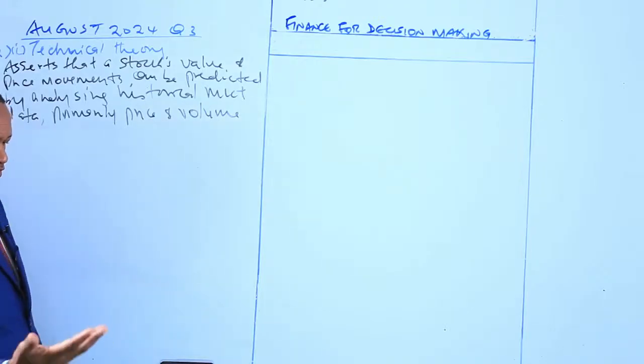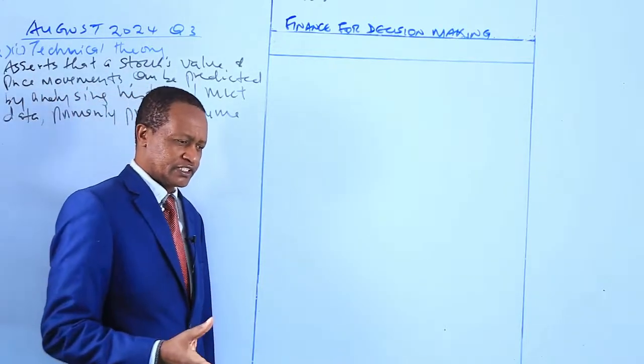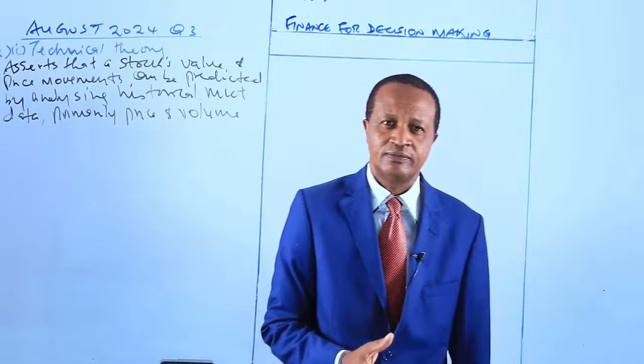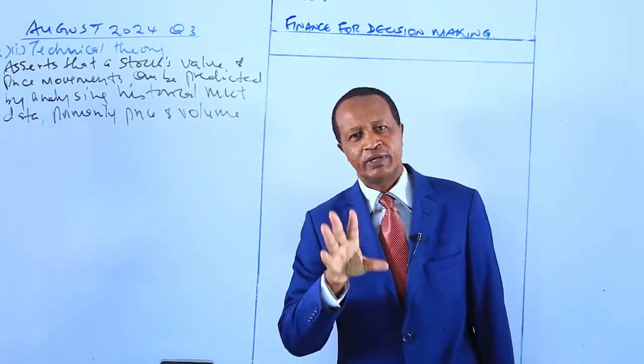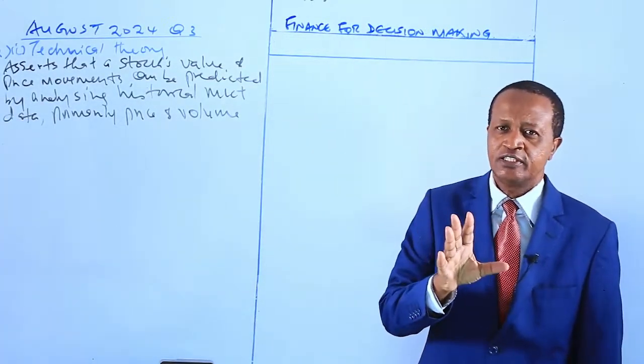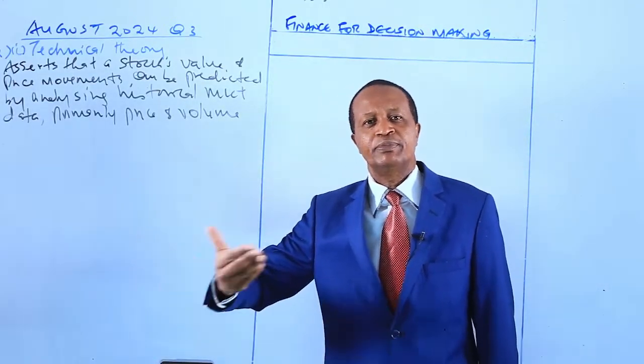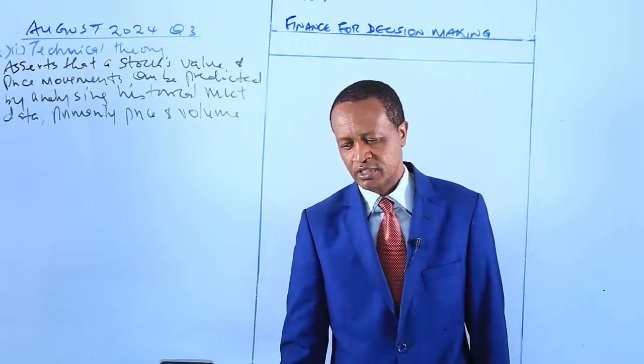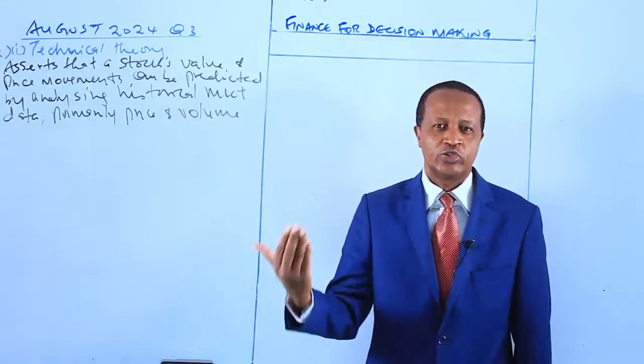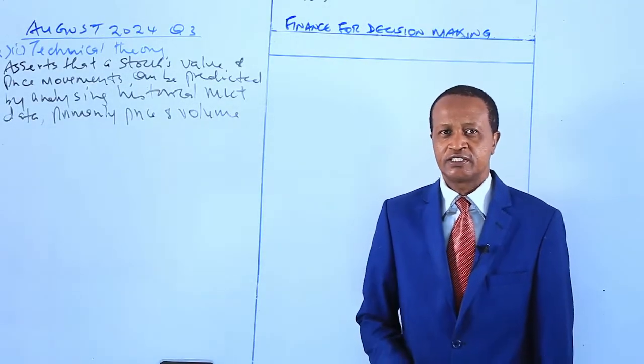And candidates can go further for the sake of understanding this concept and state that it operates on the belief that prices move in trends which repeat over time, reflecting the collective psychological behavior of investors.